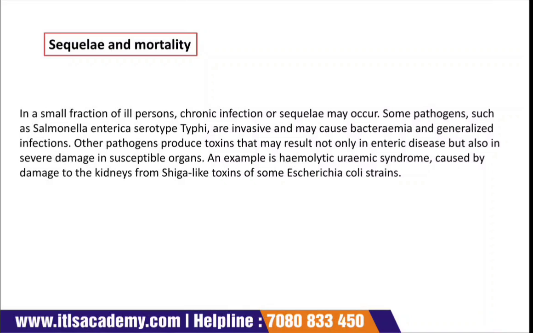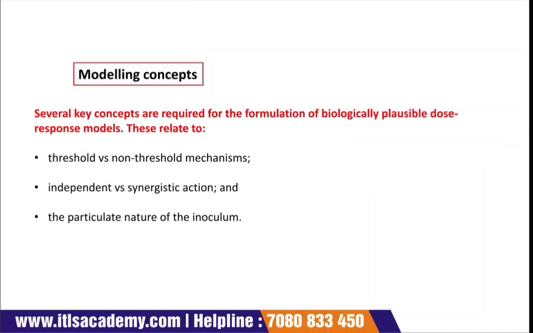Other pathogens produce toxins that may result not only in enteric diseases but also severe damage in susceptible organs. For example, hemolytic uremic syndrome is caused by damage to the kidneys from the Shiga-like toxins of the E. coli strain. So again, this is the sequel and mortality.